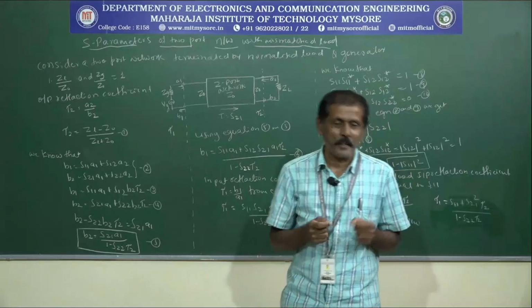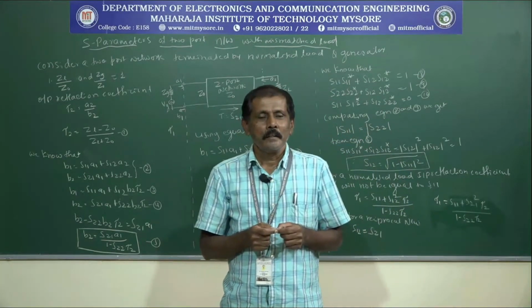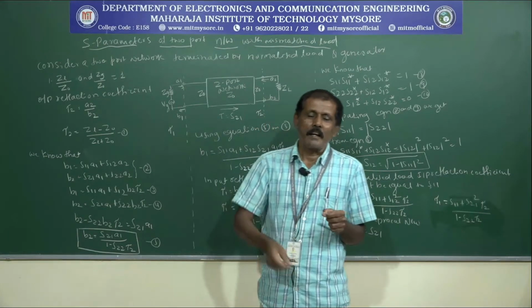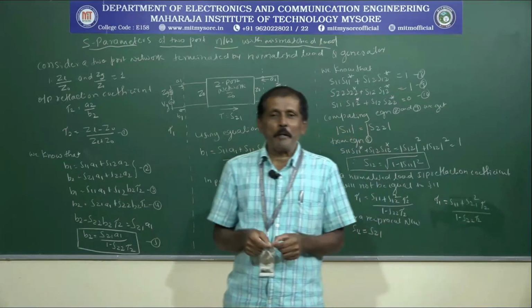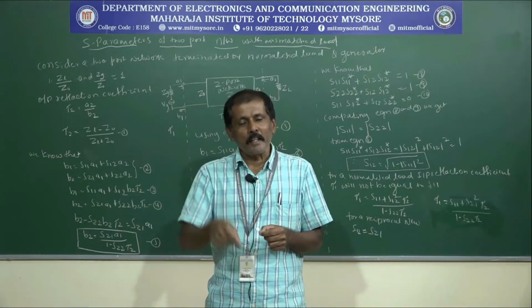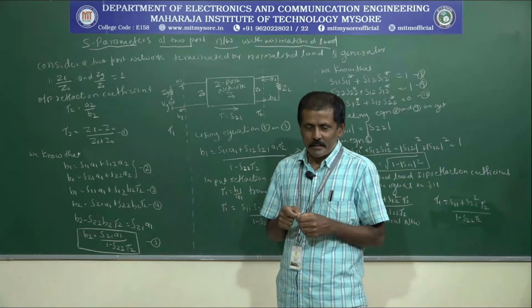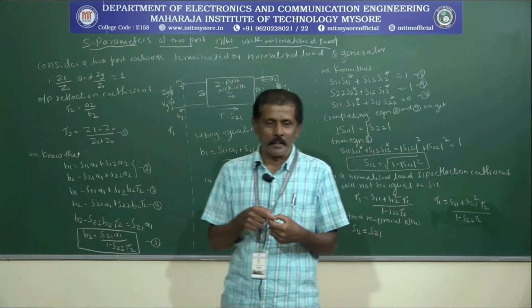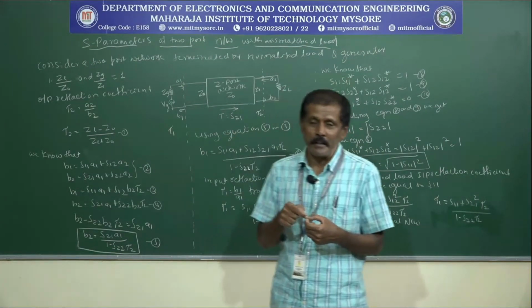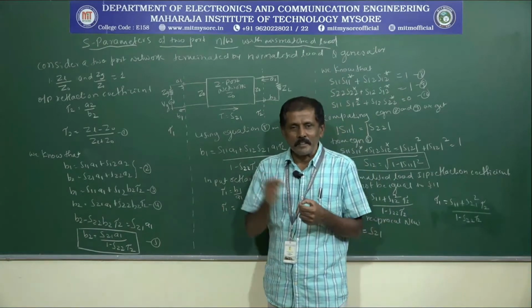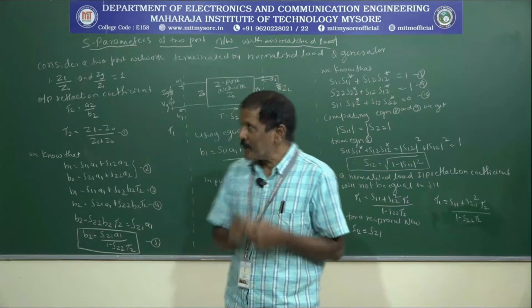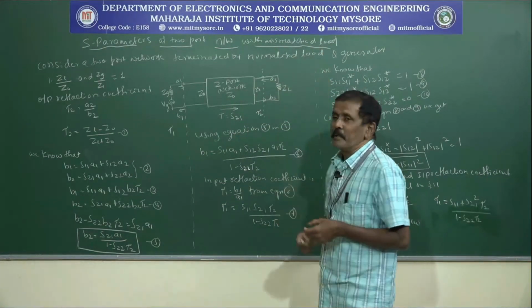For example, for some length of the line we use waveguides, and with that waveguide we connect coaxial cables. A discontinuity exists between the waveguide and the coaxial cable, and at that time we get the mismatched load.